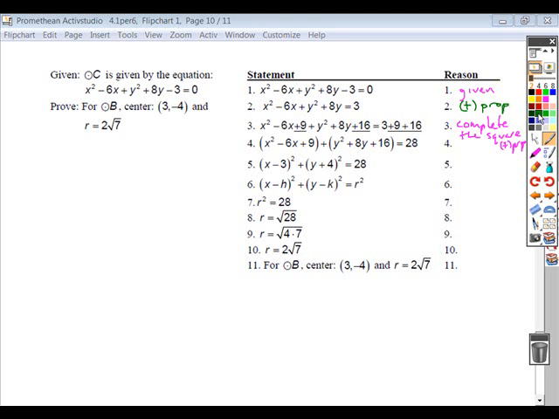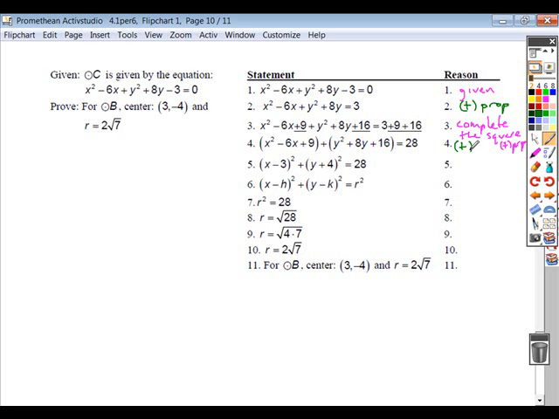Okay, what about step 4? What happened here? Nothing on the left, but on the right, we combined our like terms. Okay. Did we use the same operation for the entire combination? Yeah, and what operation was that? Addition. Now, here's the case where, did we add the same thing to both sides of the equation? No, so it's not addition property, it's just addition.